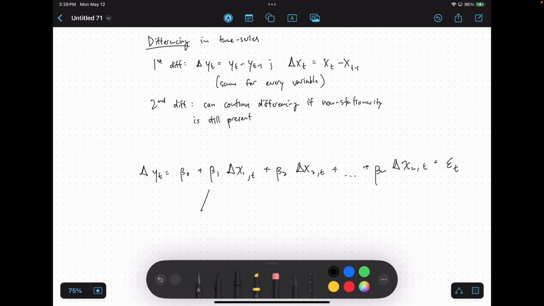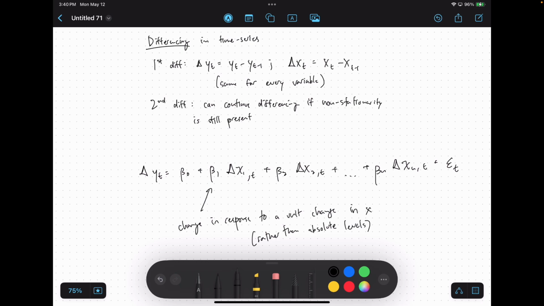And so this beta is the change in response to a unit change in x as opposed to absolute levels, right? Because you've differenced out the trends that are happening over time.